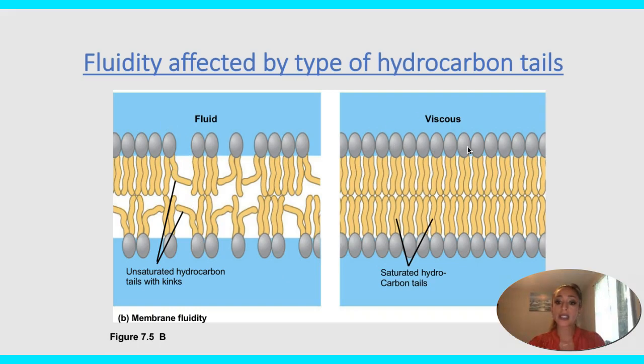And it also accounts for the viscosity of the plasma membrane as well. That's just the amount of structure and the composition of the plasma membrane, allowing things to come through or not, because with the saturated hydrocarbon tails right here, a lot of things are not going to be able to come through, unlike over here with the hydrocarbon tails that are unsaturated and have that kink.